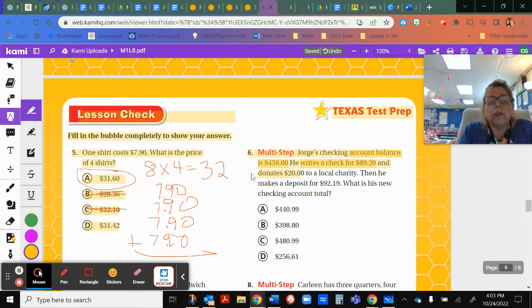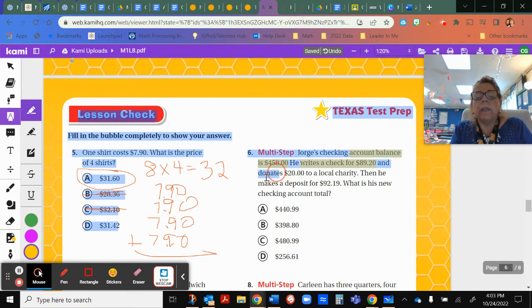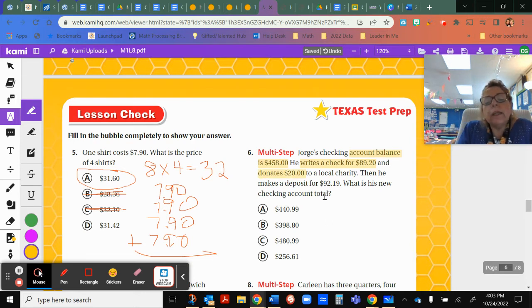Oops, I do not want to have all of that highlighted. There you go. Donates $20. So we know that if you're writing a check and donate, that's money going away. We're withdrawing. We're getting rid of.